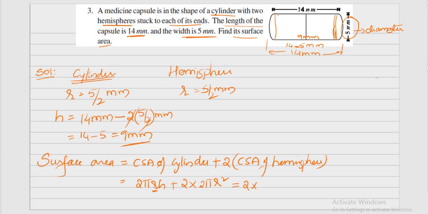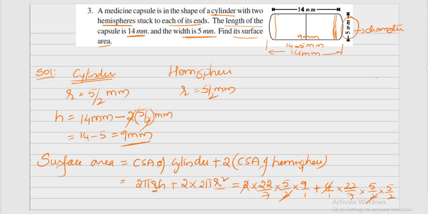So I can write it as 2 into 22 by 7 into radius 5 by 2 into height 9 by 1, plus 2 2s are 4 by 1 into 22 by 7 into radius 5 by 2 into 5 by 2. Now from this, these two I can cancel out.